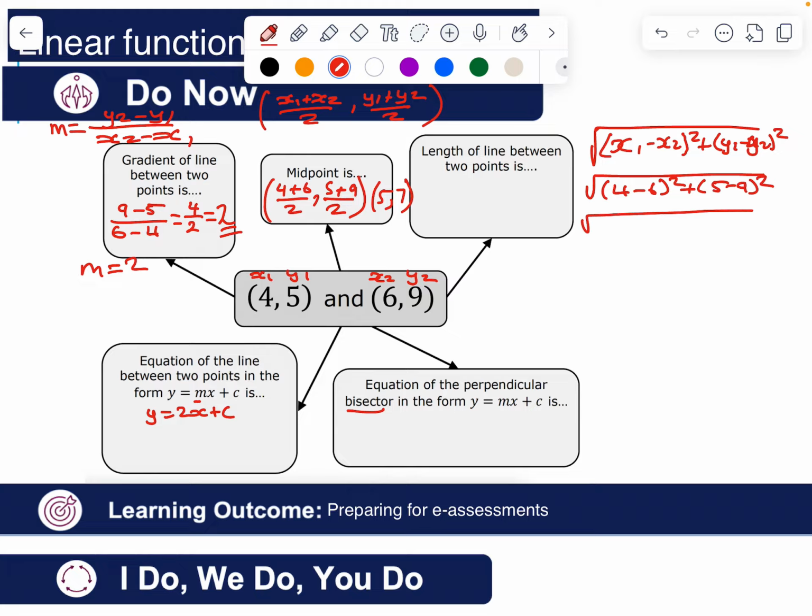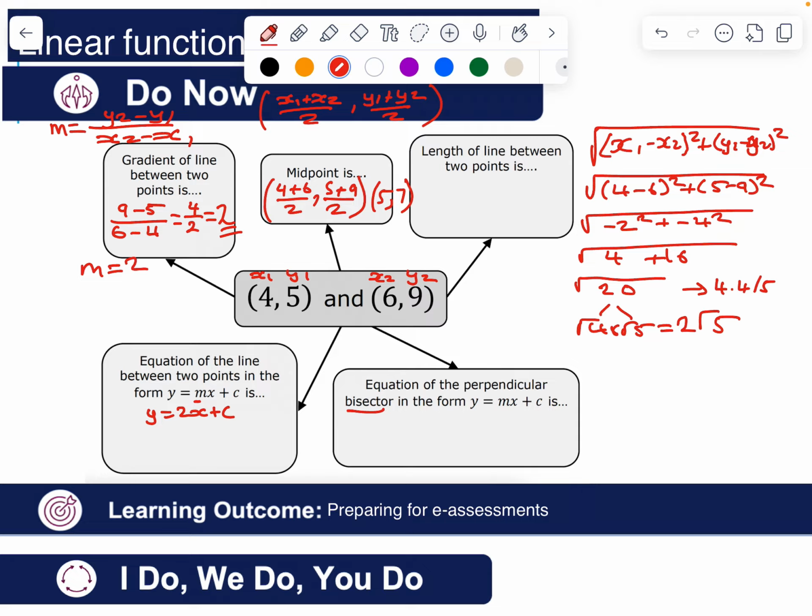If we simplify that, negative 2 squared plus negative 4 squared, that's going to give you 4 plus 16, which is just root 20. If the question asks you to simplify, well, that's going to be root 4 times root 5, which equals 2 root 5, because the square root of 4 is 2. If it doesn't and it wants a calculator, you simply put that in your calculator, and it should be around maybe 4.4 to 4.5.